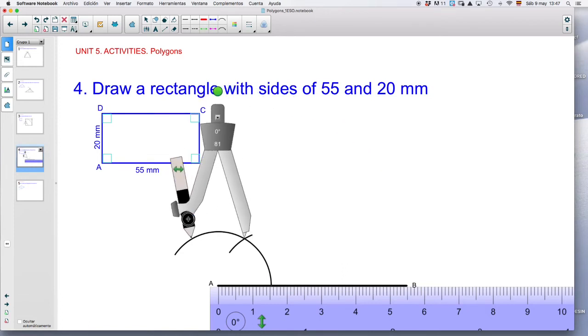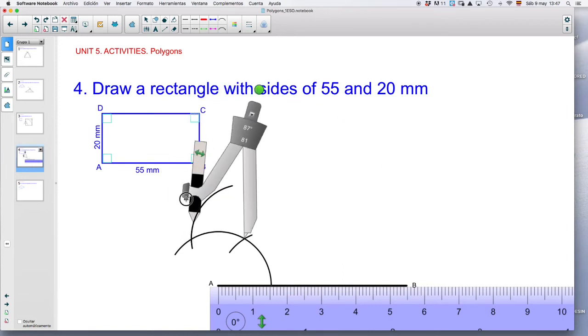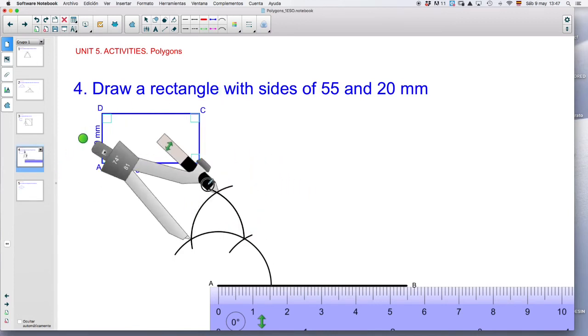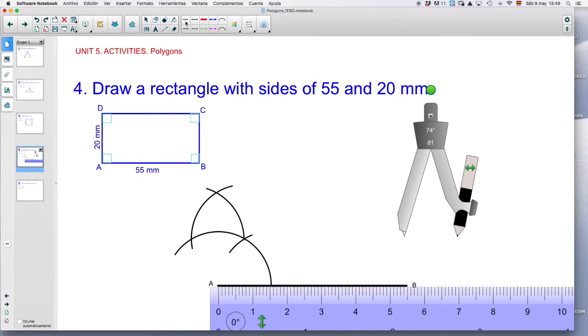This is the construction of an angle of 90 degrees. Connect the points where these two arcs intersect with the vertex A.